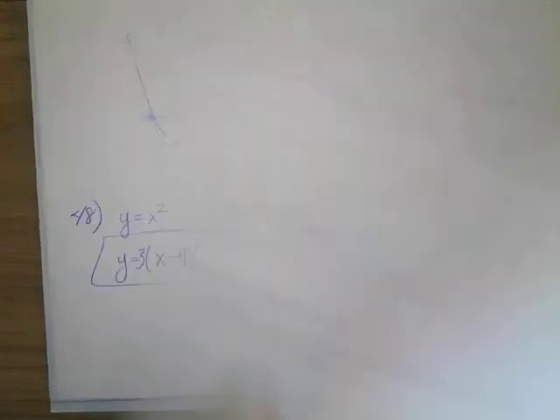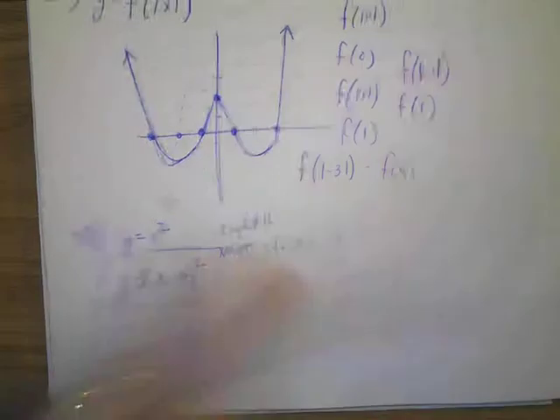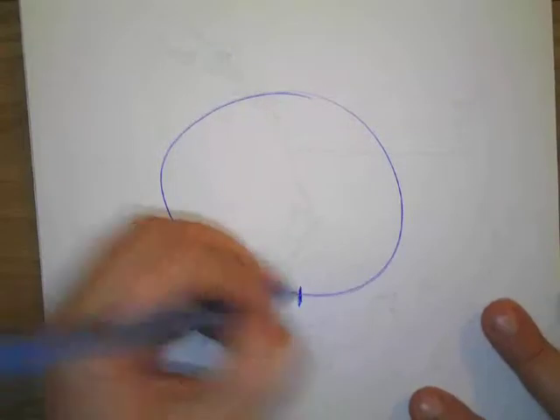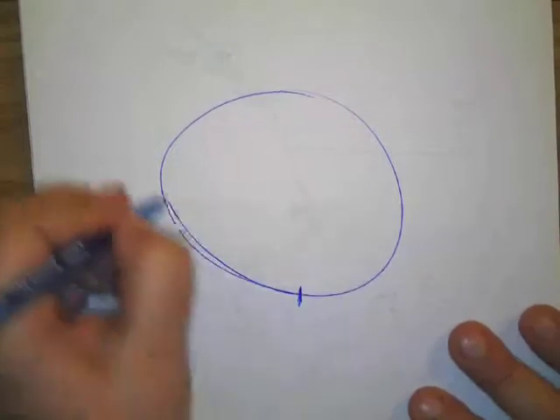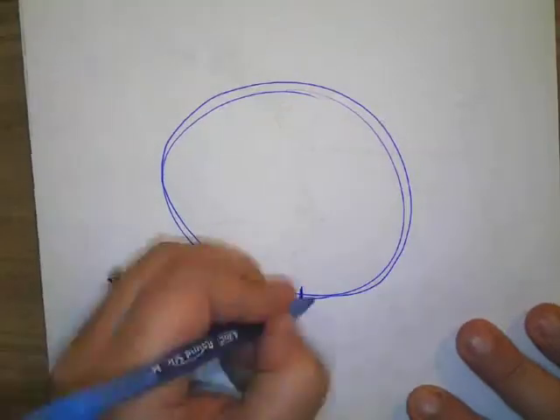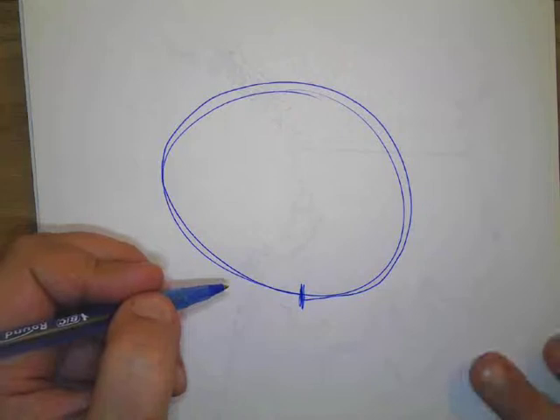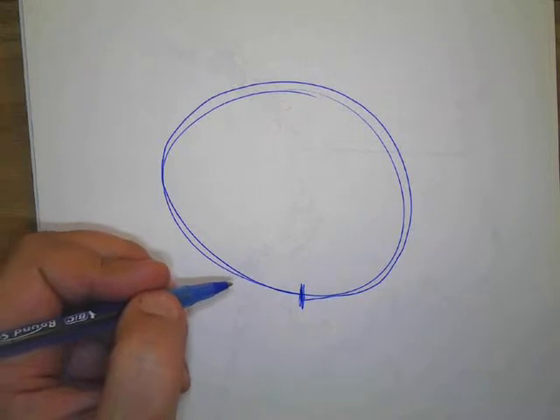Now, a circle. That's my sketch. Beautiful, right? If I started here and I went one rotation around my circle, how far did I travel? Not in degrees. What do we call the distance around a circle?